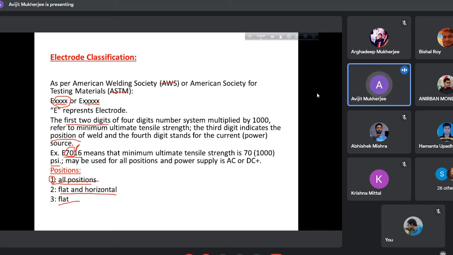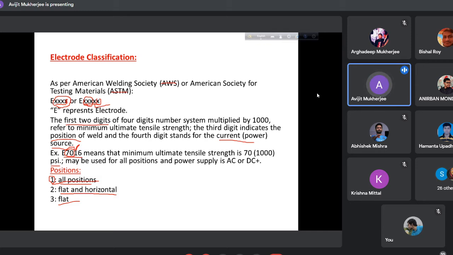Similarly, in 5 digits also, the first 3 digits stand for the ultimate tensile strength. The fourth is position, and the last digit stands for the current source or power source.